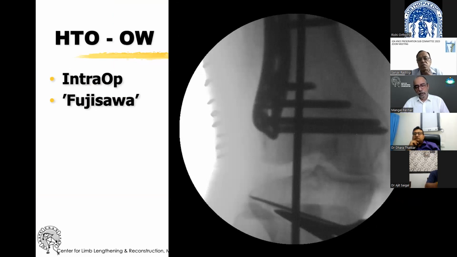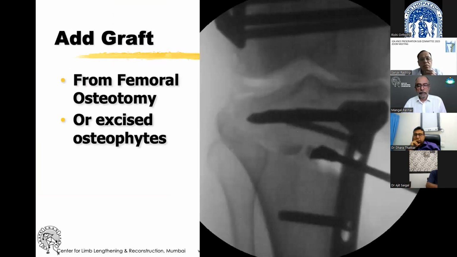So we do a regular Tomofix in this particular case, where intra-op the alignment rod is around the base of the lateral tibial spine, so that we are unloading the medial side enough. If we've done a femoral osteotomy, I use that opportunity to also add whatever wedge was removed from the femur over there, which is not always necessary.